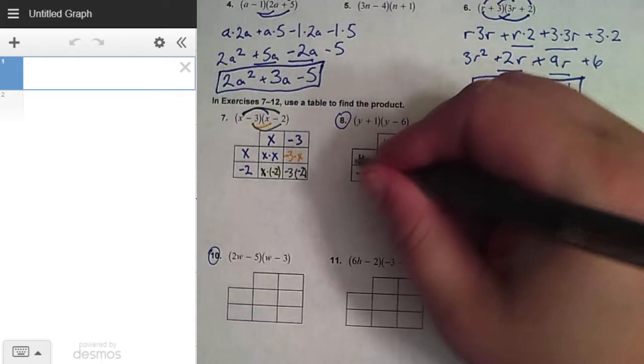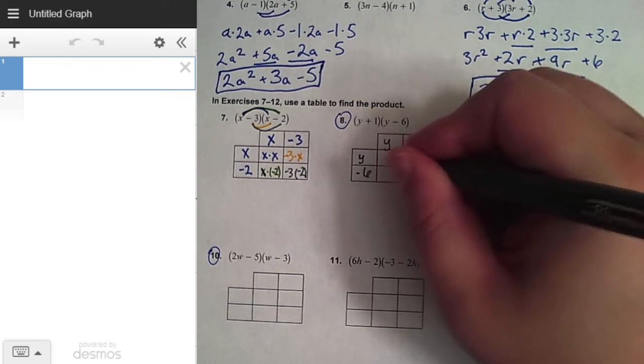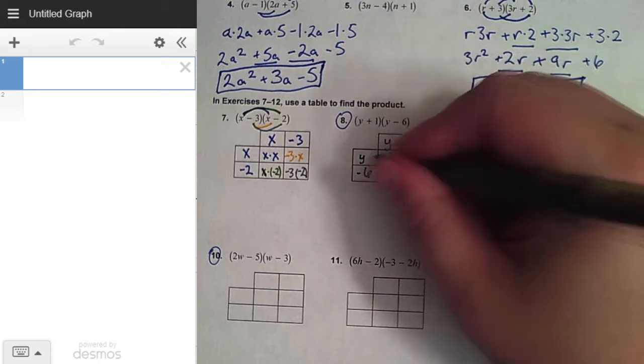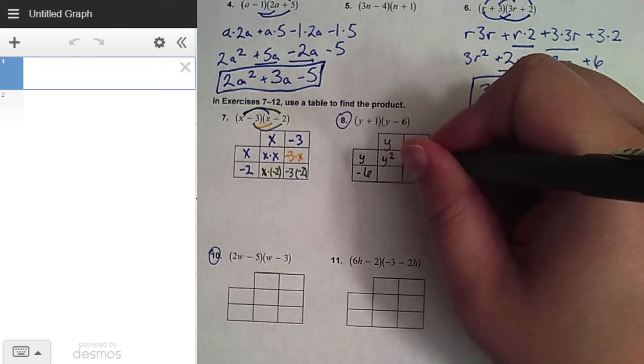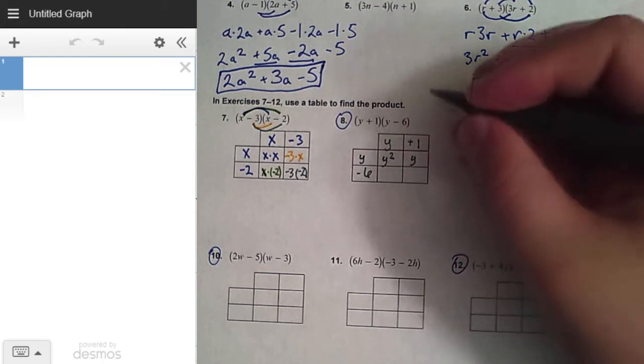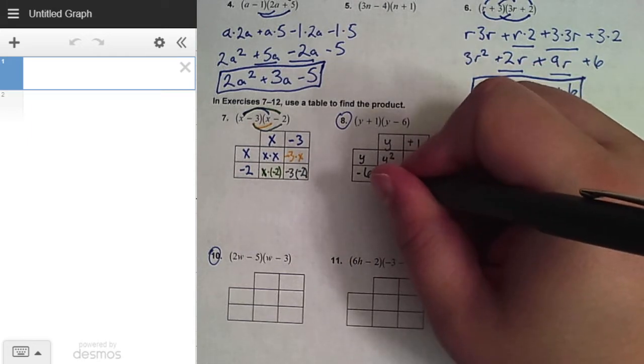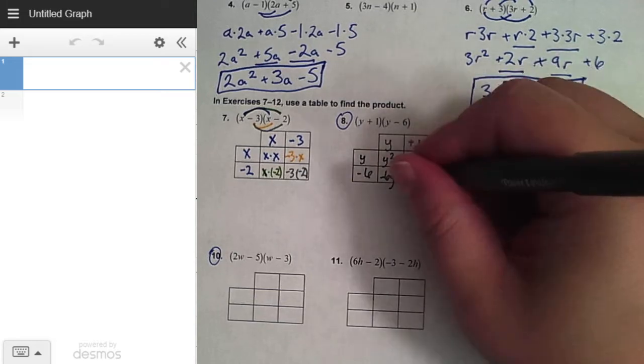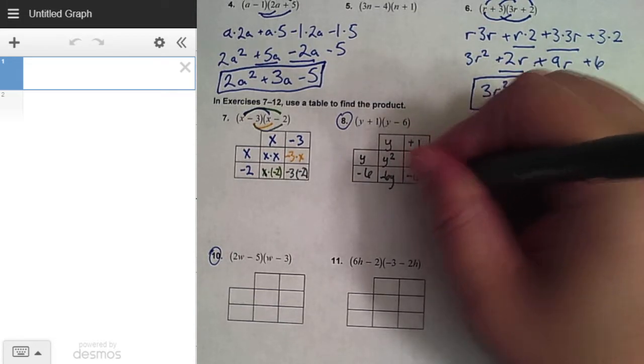So we do y times y for this box. So that is y squared. Y times positive 1, that's 1y or just y. Y times negative 6, negative 6y. Negative 6 times 1, well, that's negative 6.